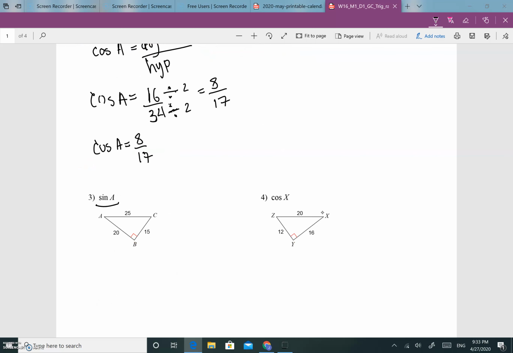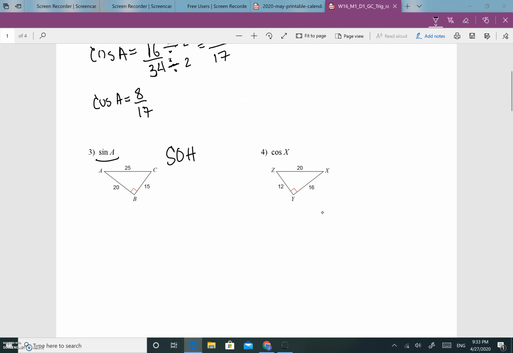Now S stands for sine, so sine A is equal to, the O stands for opposite, and the H stands for hypotenuse. So it's hypotenuse on the bottom.